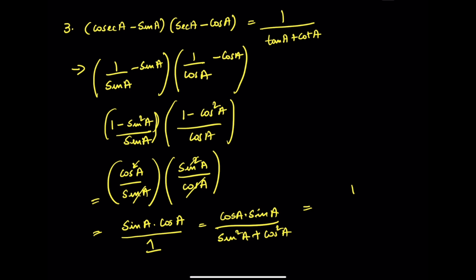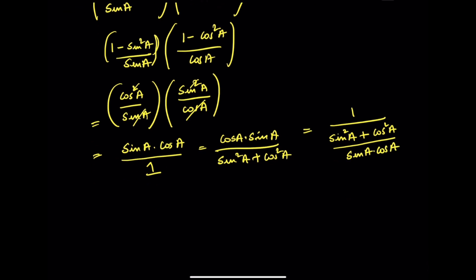So we would get 1 divided by (sin square A plus cos square A) divided by sin A cos A. Now just divide each value with the denominator.